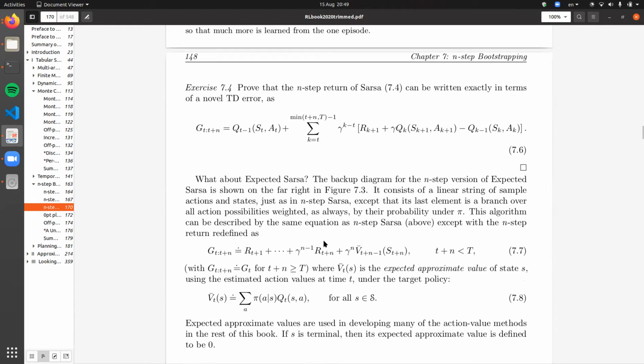For the n-step Sarsa, we had q sub t plus n minus 1 of st plus n, at plus n. And for the expected Sarsa, instead we use this v bar, which is called the expected approximate value, right?